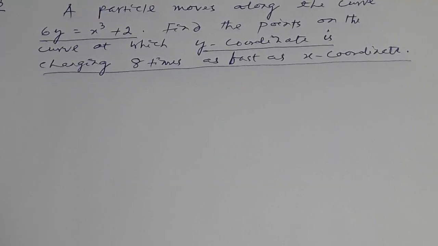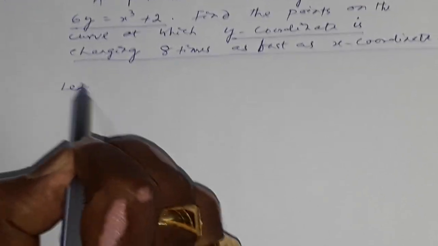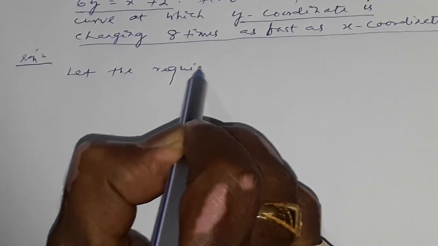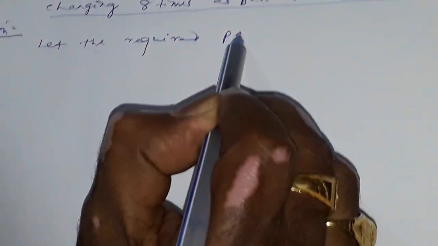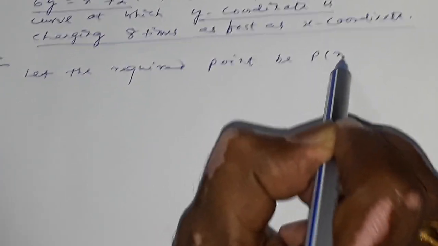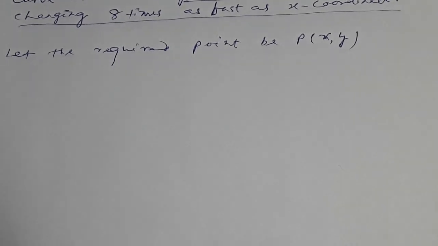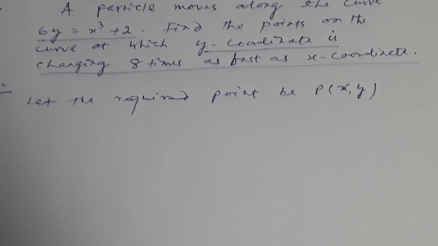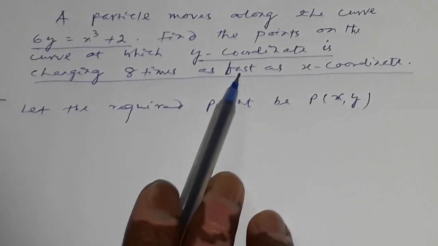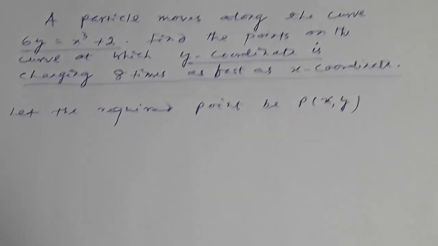Let the required point be P of x, y. It is given that y coordinate is changing 8 times as fast as x coordinate.